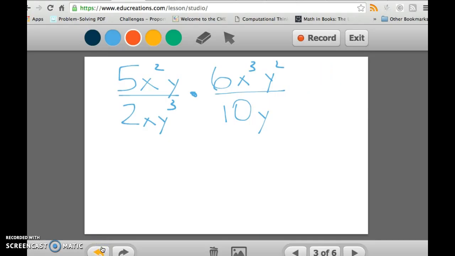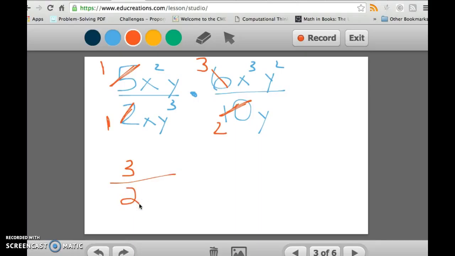You could say 5 and 2 become 1 and 2, and 6 and 2 become 3 and 1. Either way you want to do it is okay. Since I've started doing it that way now, I'll do it that way. So I know I'm going to have a 3 on top and a 2 on the bottom.